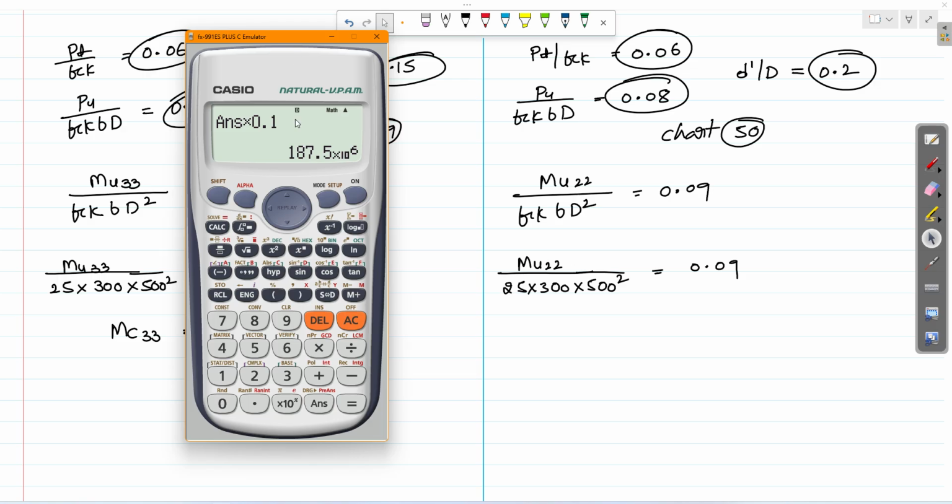Similarly for 22, it is 25 into 300 into 500 square multiplied by 0.09. Sorry, here the depth will change. So here B is 500 and this depth is 300.